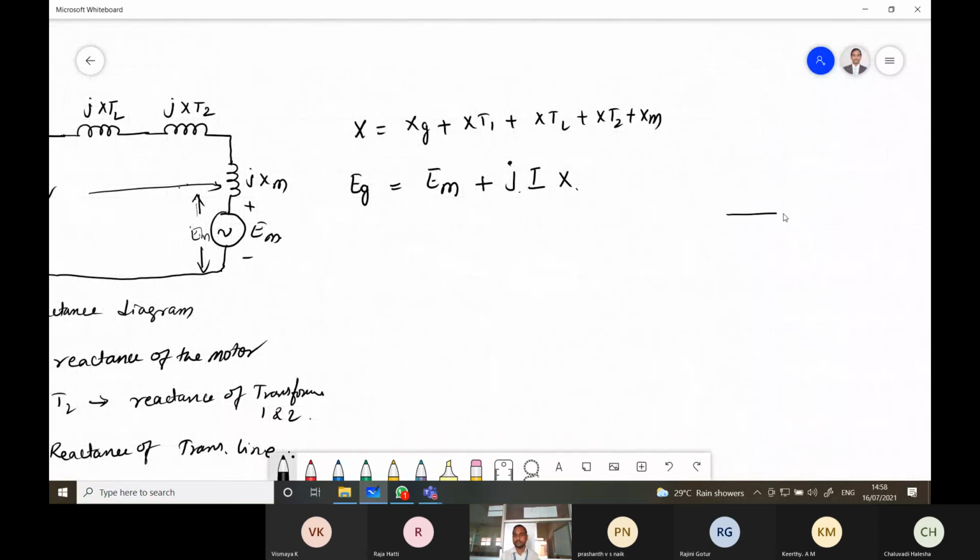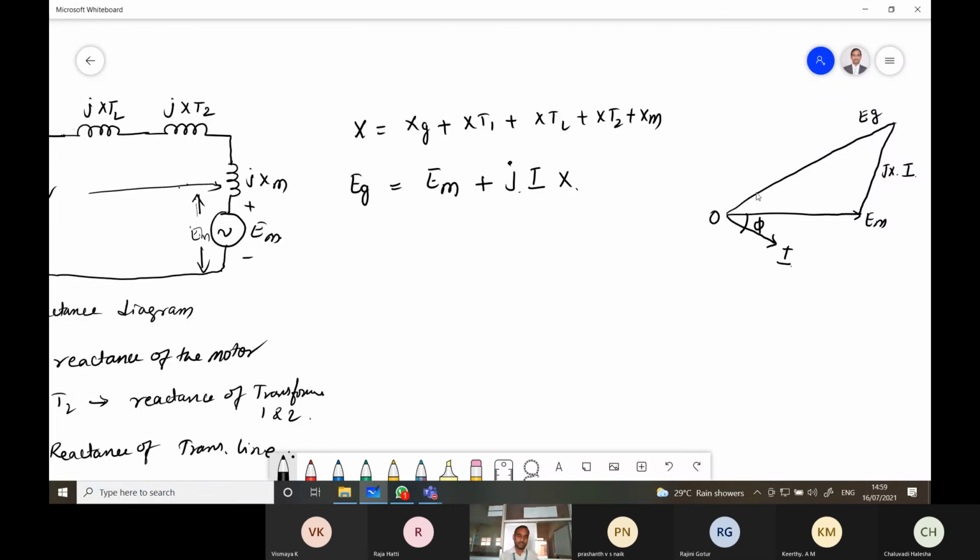So taking EM as reference, that is the receiving end voltage or back EMF. The current is always lagging with an angle phi. And EG can be represented like this, with the drop jXI.